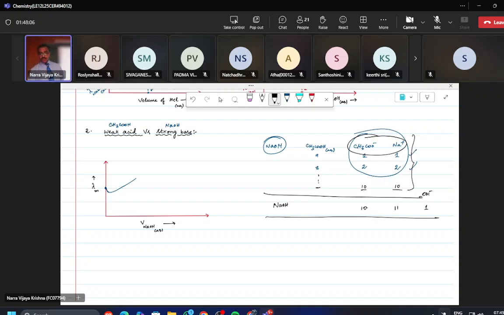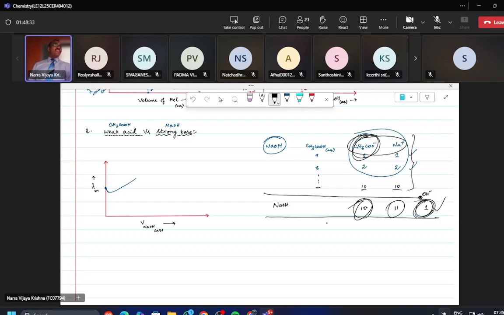After reaching this point, compared to CH3COO minus, conductance of OH minus is high. Correct? Number of CH3COO minus are 10, Na plus ions are 11, OH minus ions are 1. What happened to total number of ions? Total number of ions increase, therefore conductance has to increase further. And also conductance of OH minus is greater than acetate.